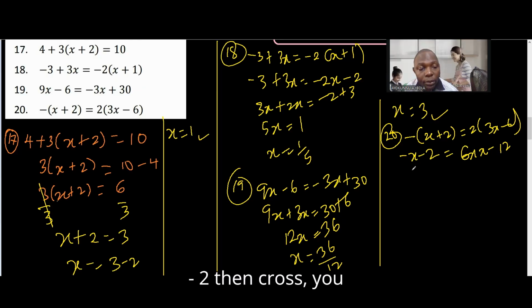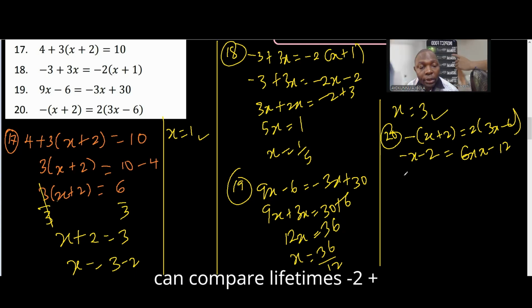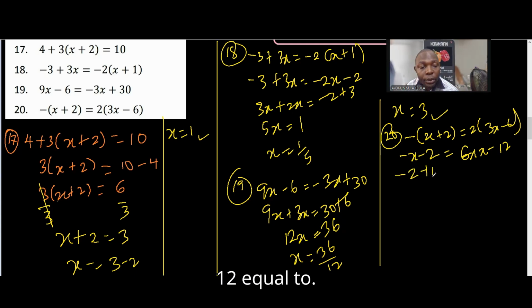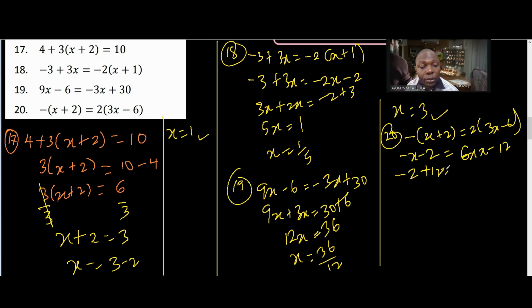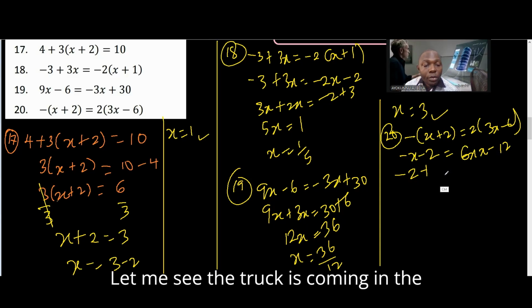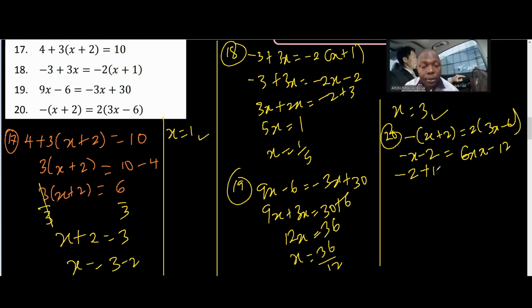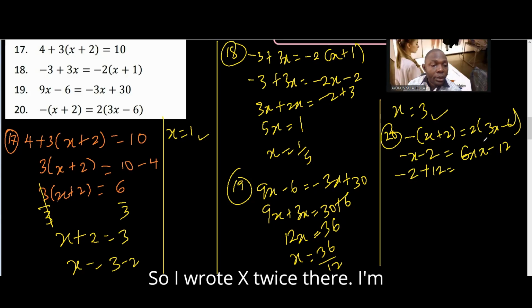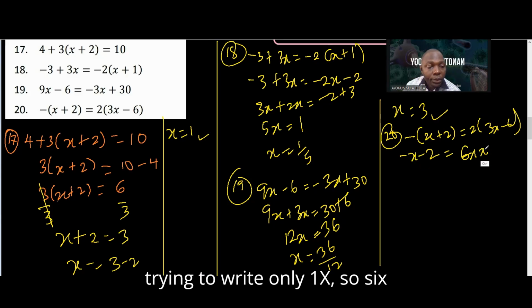Then you can collect like terms: minus 2 plus 12 equal to, let me see, the 12 is coming in the book. Okay, minus 2 plus 12. Oh, I wrote x twice there. I'm trying to write only one x.